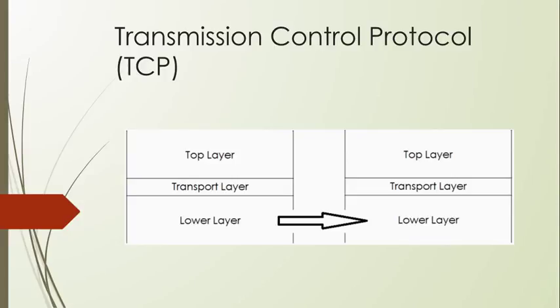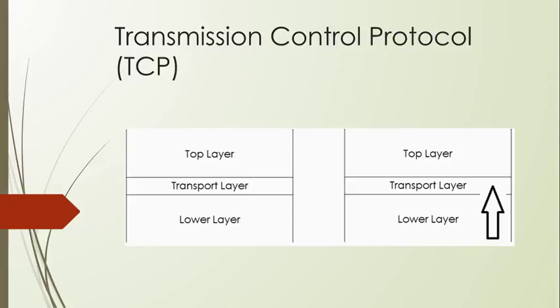When the data is received by the other computer, the lower layer of that computer sends the data to the transport layer, then sends it to the top layer.